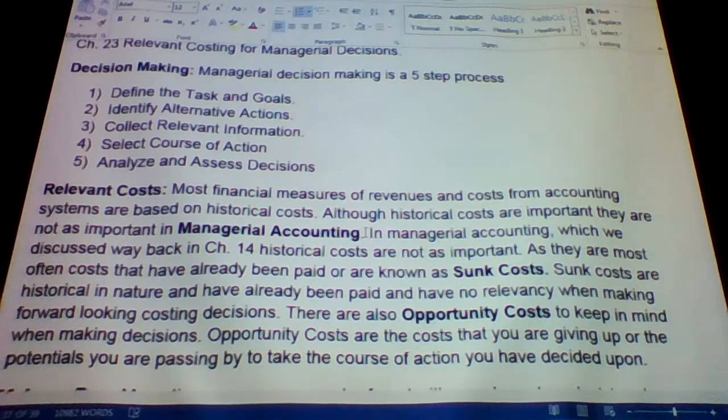Now, there are also opportunity costs to keep in mind when making decisions. Opportunity costs are the costs that you are giving up or the potentials you are passing by to take the course of action you have decided upon. So over here, I have decided we're going to make donuts, and then I find out, man, donuts aren't very profitable here. And so now we're going to start making hot dogs. And all of a sudden we're making money because hot dogs are more profitable than donuts were.